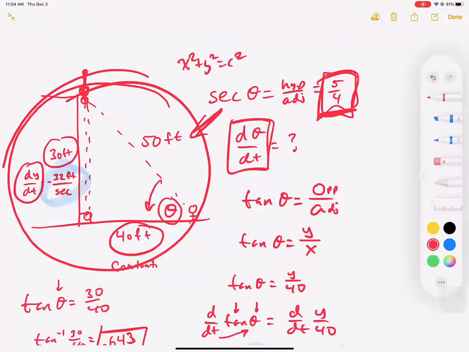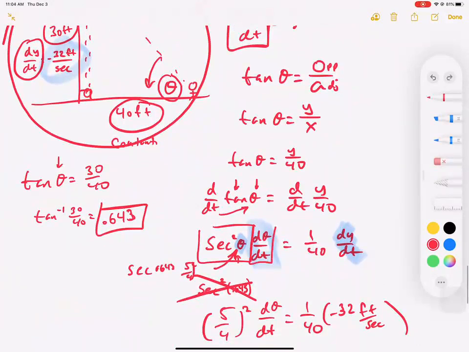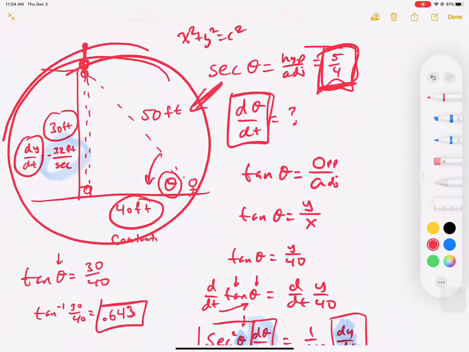So I chose tangent because I knew these values. Once we had our tangent equation, we took the derivative, and we realized d theta is what we wanted, and dy is what we have. I need to look for theta. Darn it, I missed a variable. So you can either go back and solve it or realize secant theta is in the problem. Secant theta was 5/4.